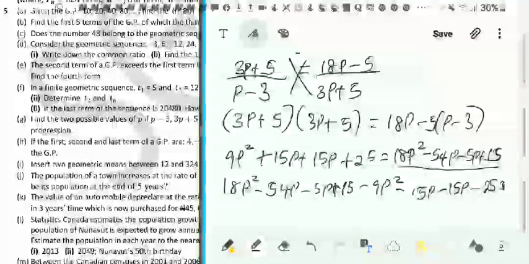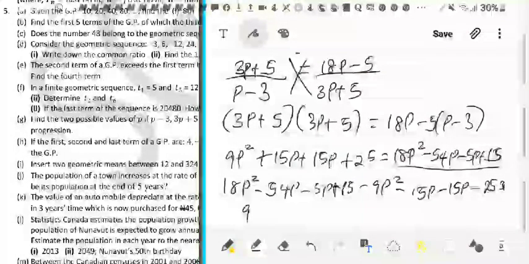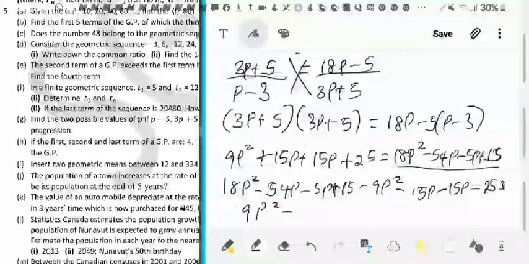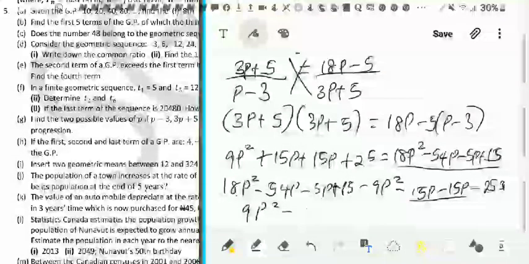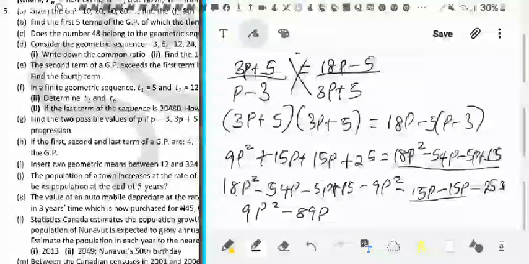Then 18P squared minus 9P squared, that's 9P squared. Then minus 54P minus 5P, that will give us minus 59P. This minus 15P minus 15P, this minus 30P, gives minus 89P.